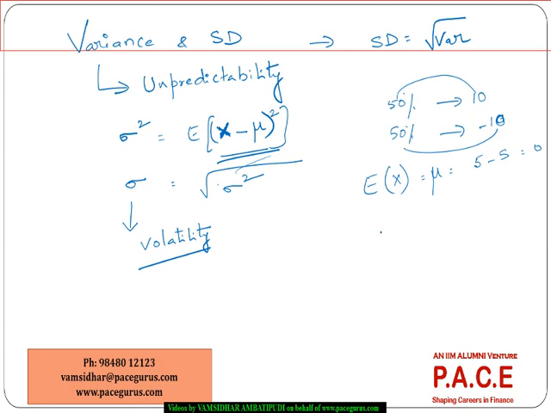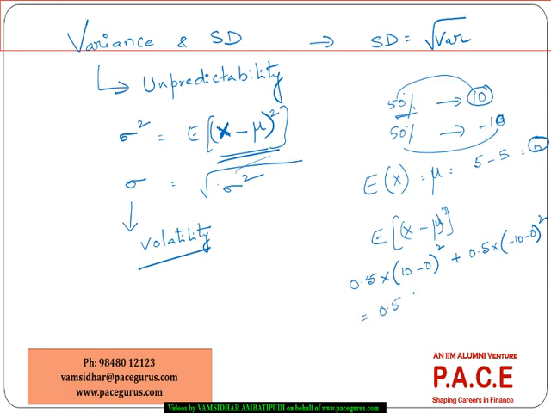Now for the variance, I am finding out the expected value of x minus mu squared. So this is x, this is mu. So the probability multiplied by 10 minus 0 squared, plus the remaining probability multiplied by minus 10 minus 0 squared.